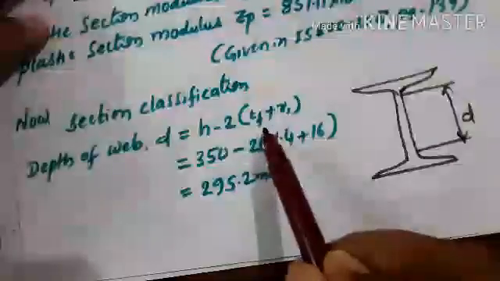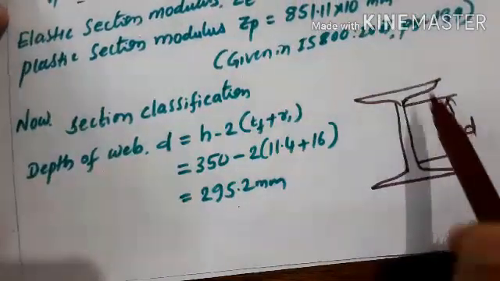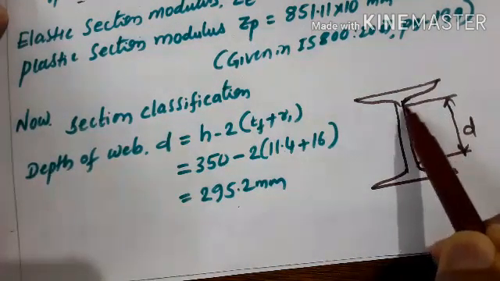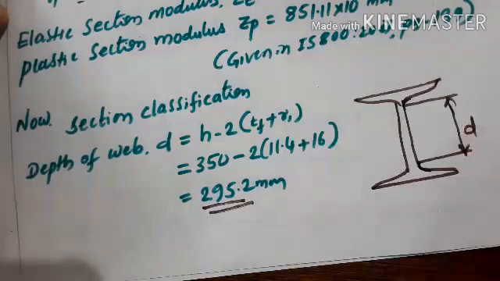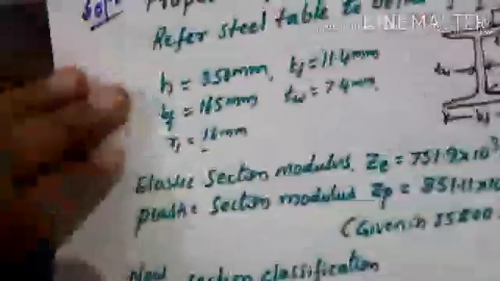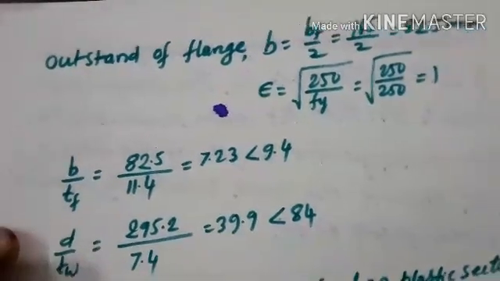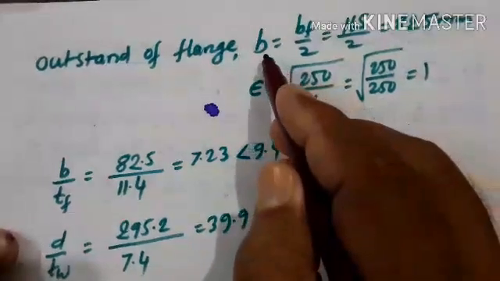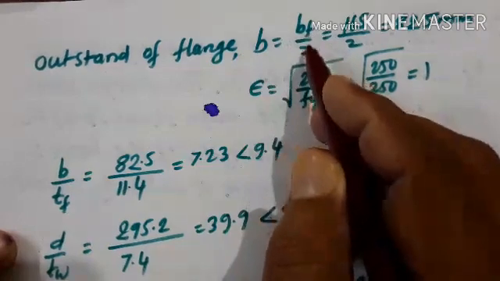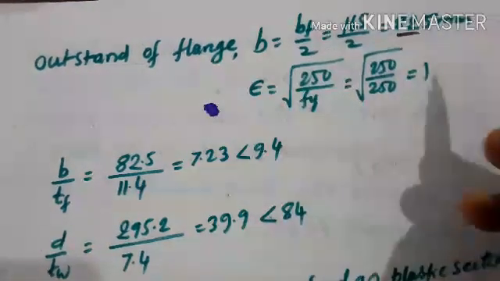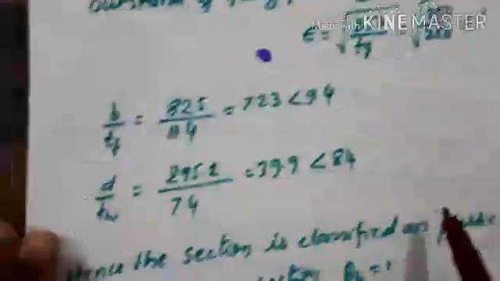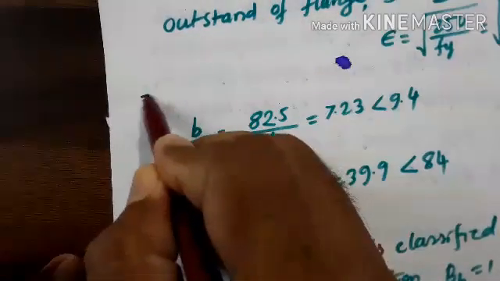You have to deduct 2 times the thickness of flange and 2 times the root radius. This much is the depth of web. Next is outstand of flange. Calculate outstand of flange, equal to half the width of the flange, this much. Then calculate epsilon, then calculate the ratios.